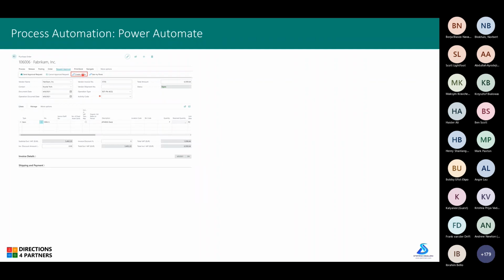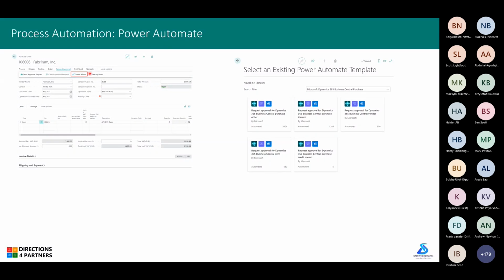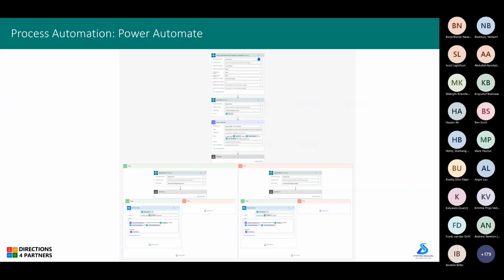If you create a flow directly in Business Central, it shows you the predefined templates that you can use for this type of flow. In this case, I'm in a purchase order, so it shows me all the approval workflows linked to the purchase order. You can select the template, and then you can start customizing your template directly from the Power Automate portal in the usual visual graphical way.